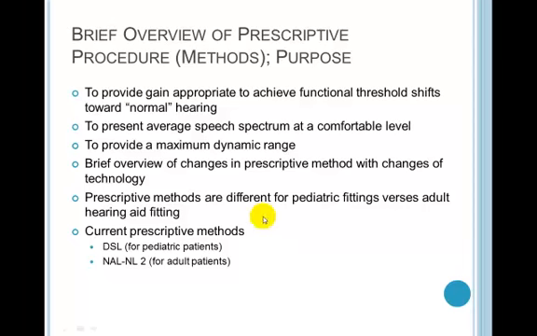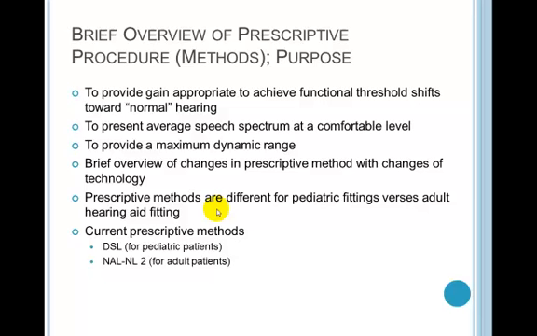When we talk about historically prescriptive fitting methods, we used to say, well, if the patient has a threshold of 40 decibels at 1,000, right? So everybody picture this, because I should have put up an audiogram, but I didn't. So if we have a threshold in the right ear at 40 dB at 1,000, we would say that's a mild hearing loss.